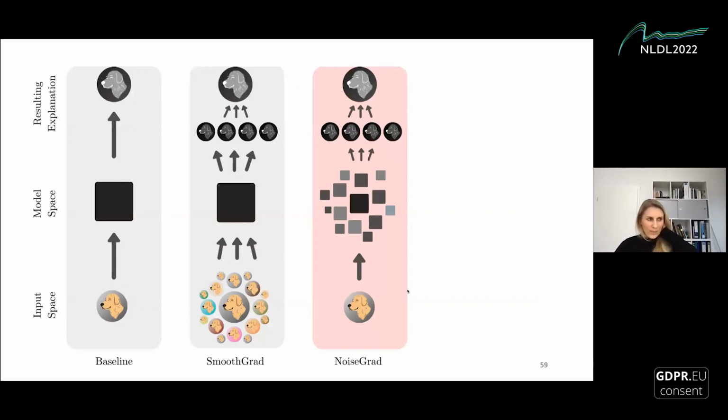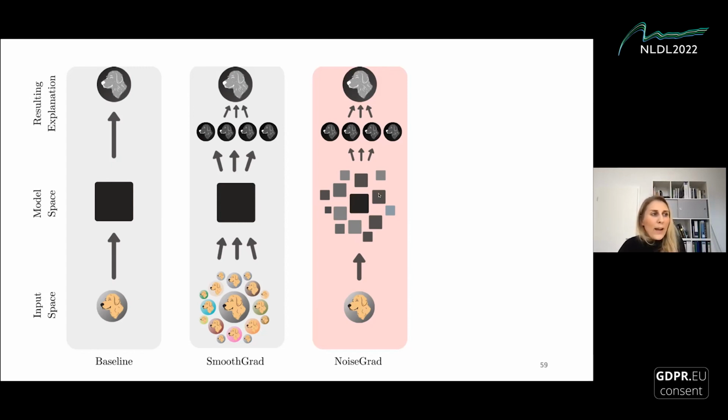And there's now this method, NoiseGrad, which we developed very recently, with the idea of the Bayesian neural network in mind, where the model does not stay the same, because you can sample and have a lot of different versions of your model. We don't touch our input image; we put the noise, instead of to the input image like SmoothGrad is doing, to the weights in the model, okay?